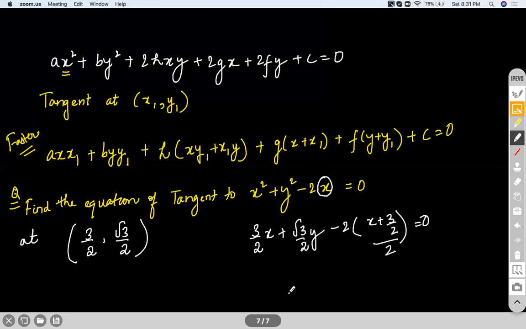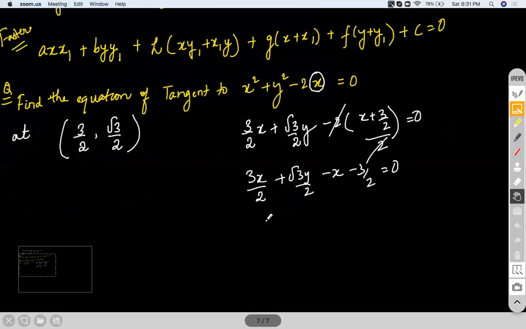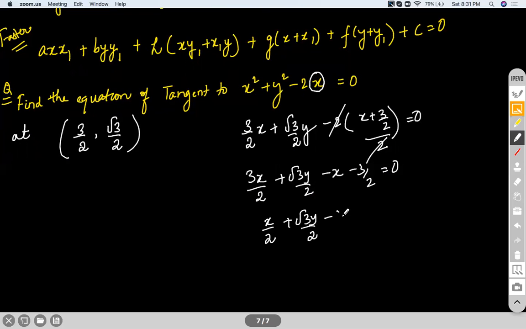The 2 is gone. So 3x by 2 plus root 3y by 2 minus x minus 3 by 2 equal to 0. So that gives you x by 2 plus root 3y by 2 minus 3 by 2 equal to 0. So x plus root 3y minus 3 equal to 0. That's your answer.